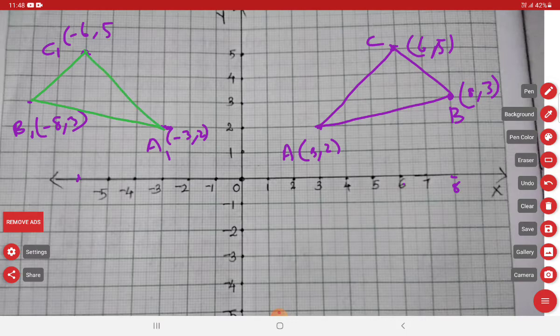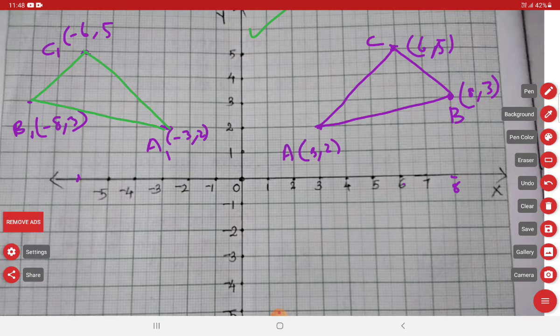This is the mirror image of the triangle ABC, that is A1, B1, C1 about the y-axis. Now we have to draw the triangle about the x-axis.